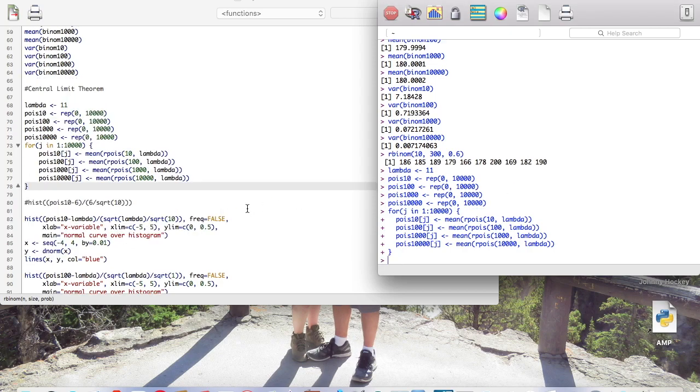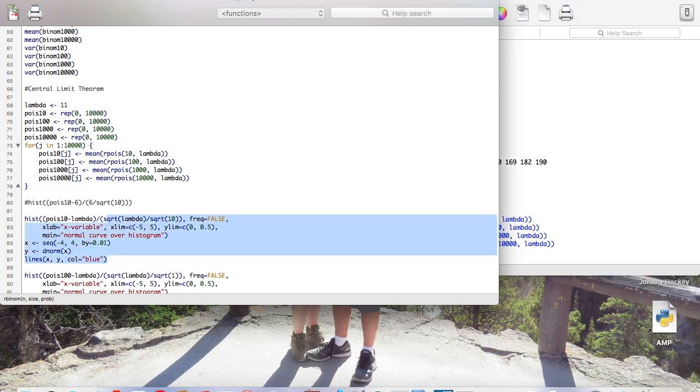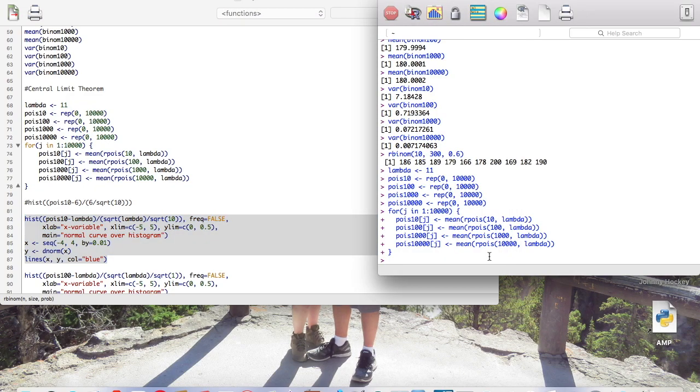Now what we want to do to wrap up here is go and plot our various outcomes for these Poisson distributions against standard normal random variables. So for the first one, we know what our mean and variance are for the underlying Poisson distribution, in this case lambda for both.